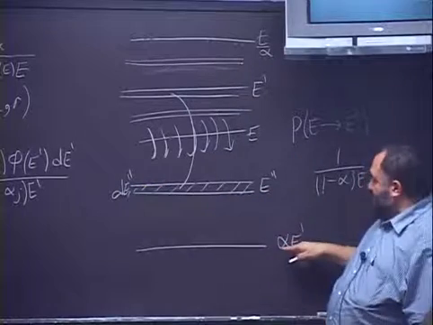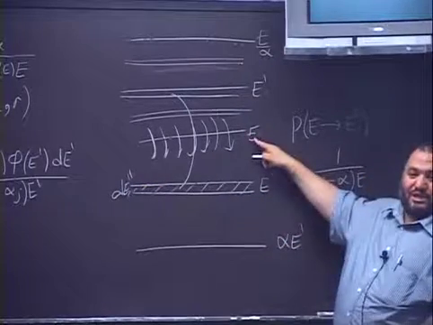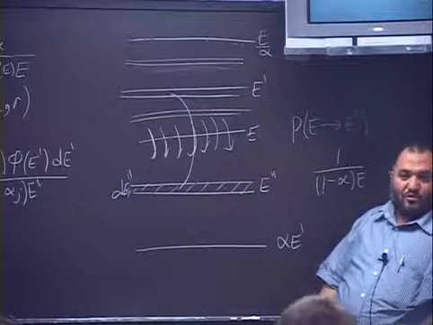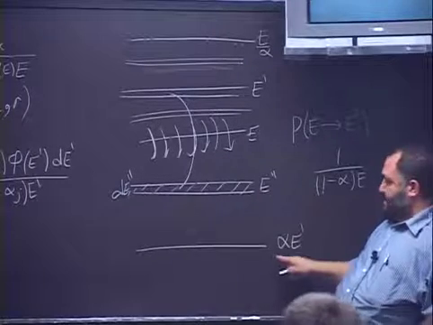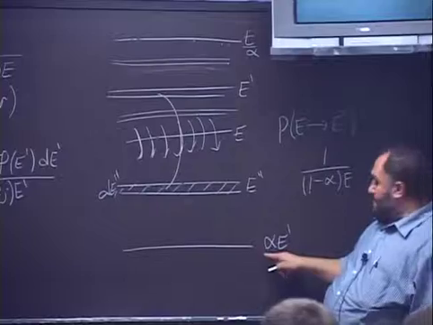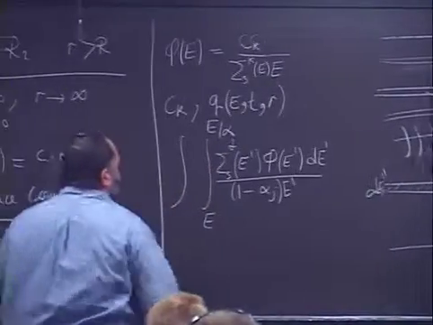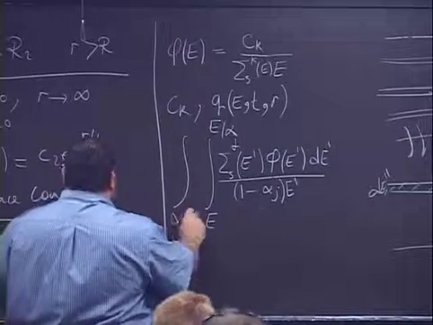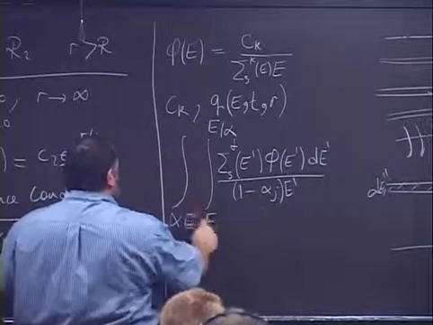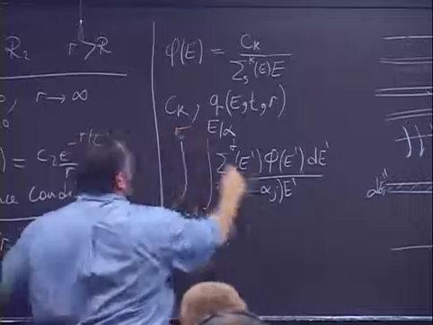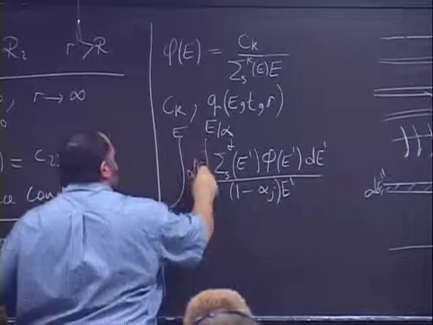What I got from alpha E prime to E, I have to integrate over dE prime, and dE prime will go from where to where? Alpha E prime to E. Did you get it, guys? So this will be from alpha E prime to E, and dE double prime will be here.